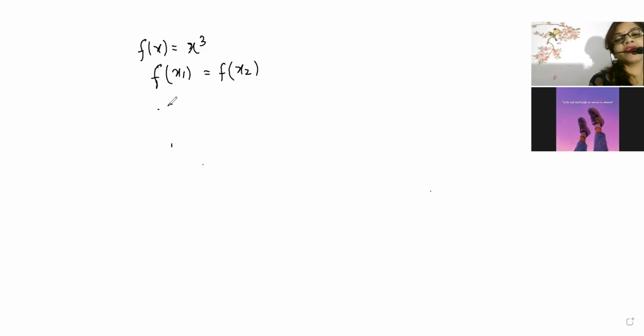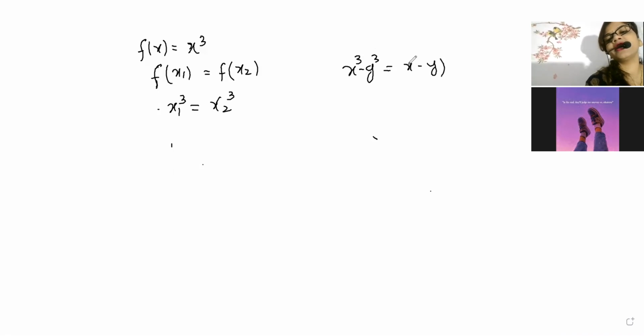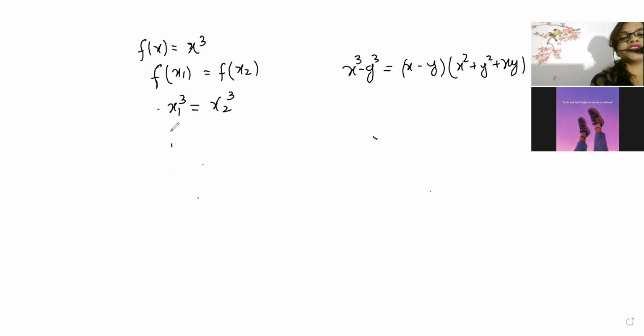Now look here, beta. x1 cube is equal to x2 cube. Now, beta, you know one formula: x cube minus y cube is equal to x minus y times x square plus y square plus xy. So this formula only we are going to use. We will shift this one this side, x1 cube minus x2 cube equal to 0.